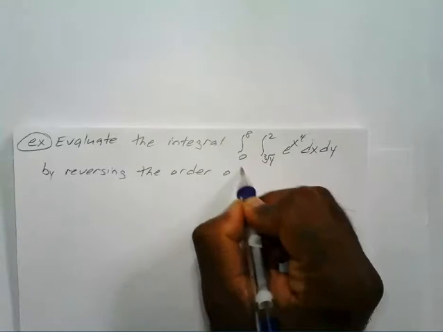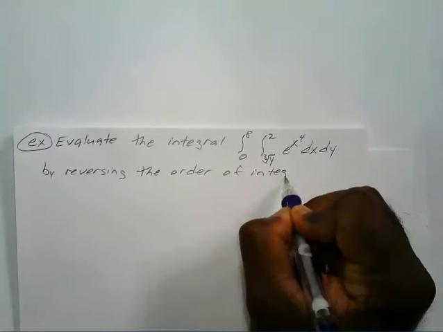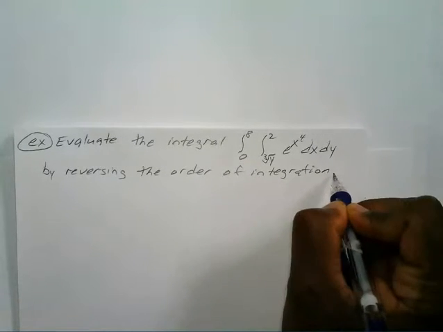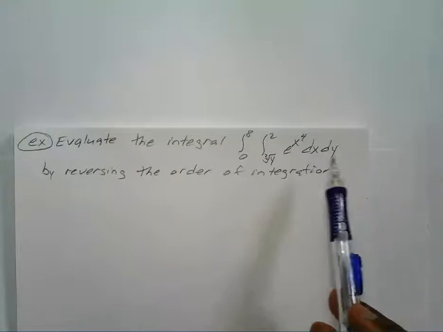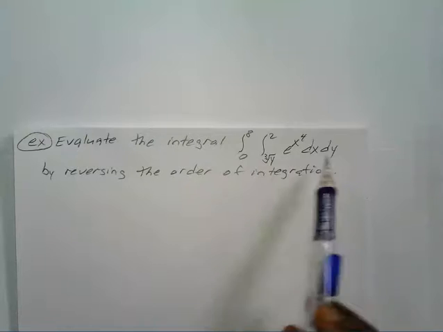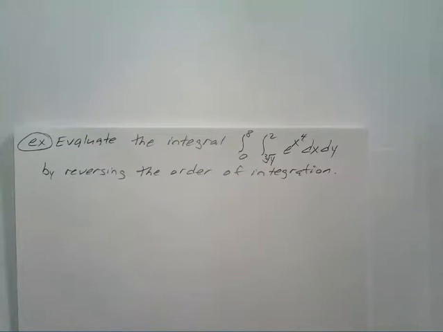Okay, so the order of integration. All that means is that we're going to switch up our dx and our dy, which means we have to switch those limits up also.